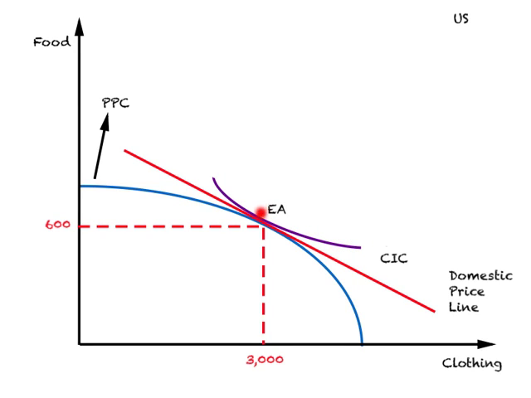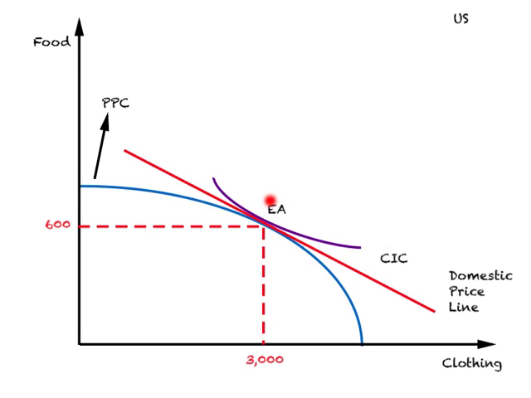Now this point here represents the point of tangency between production as well as consumption, or in other words, the point of tangency between the PPC, the domestic price line, and the community indifference curve. So this point of tangency must be the equilibrium in the US in autarky.